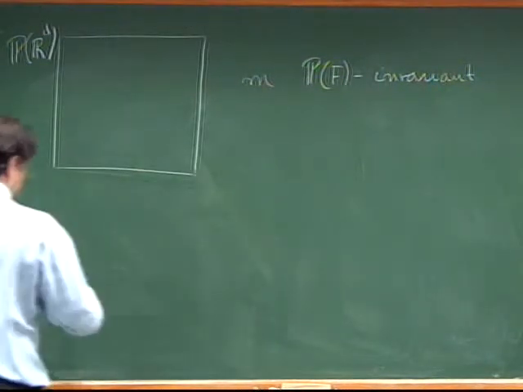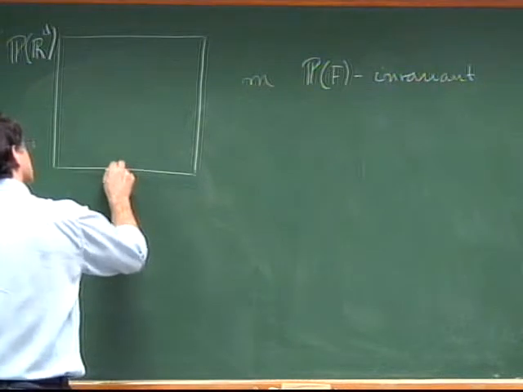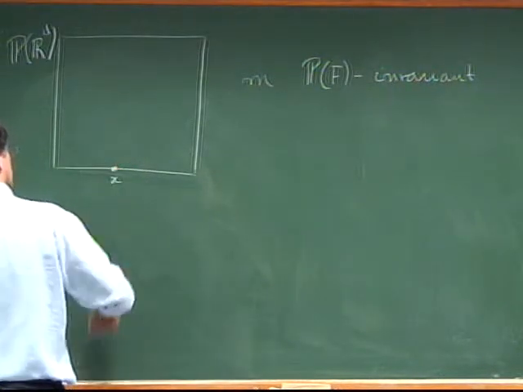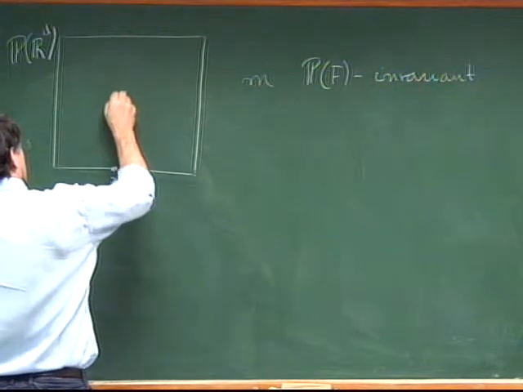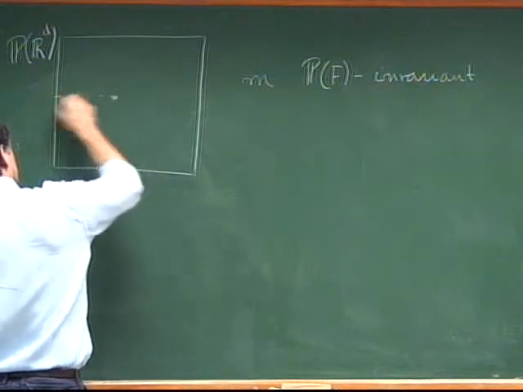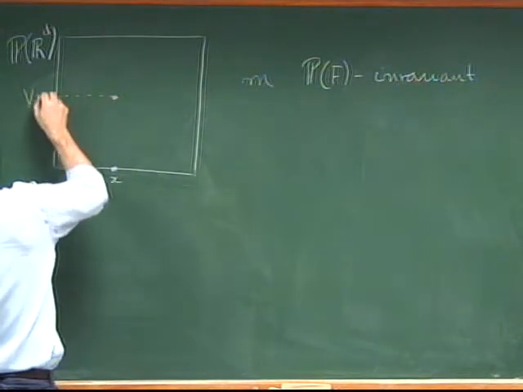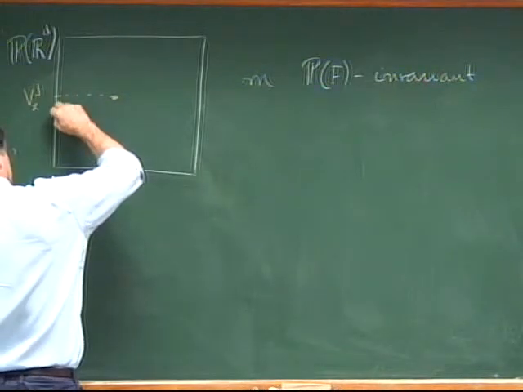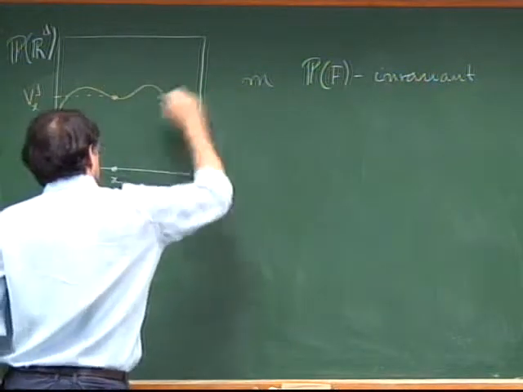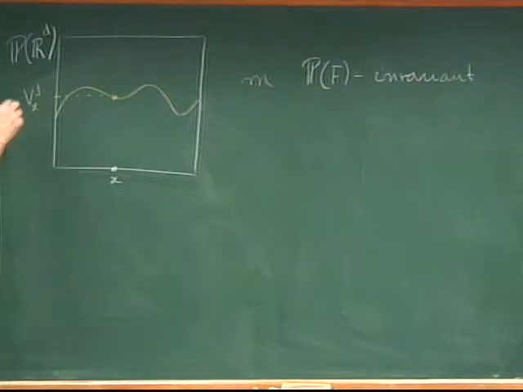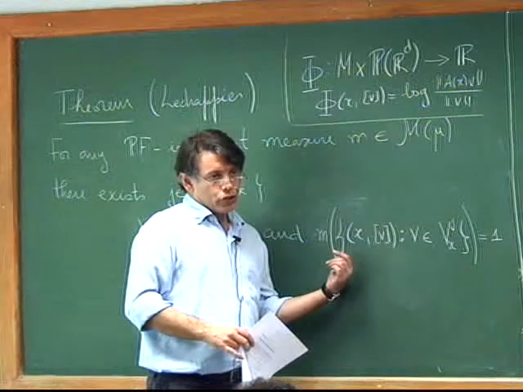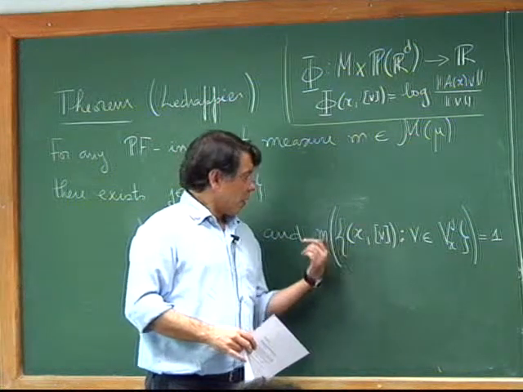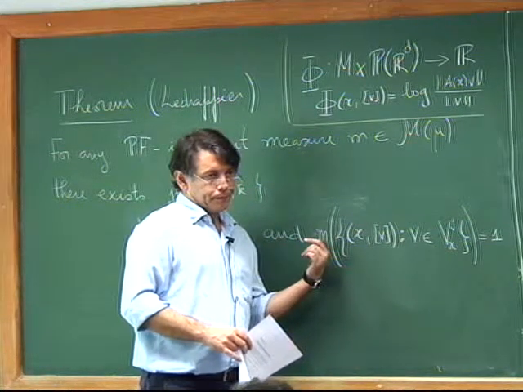You look here for each point x, you look at the corresponding subspace V_j(x). This, of course, depends on your point. And this is saying that the set that I've drawn here, in orange, is where the measure m lives.